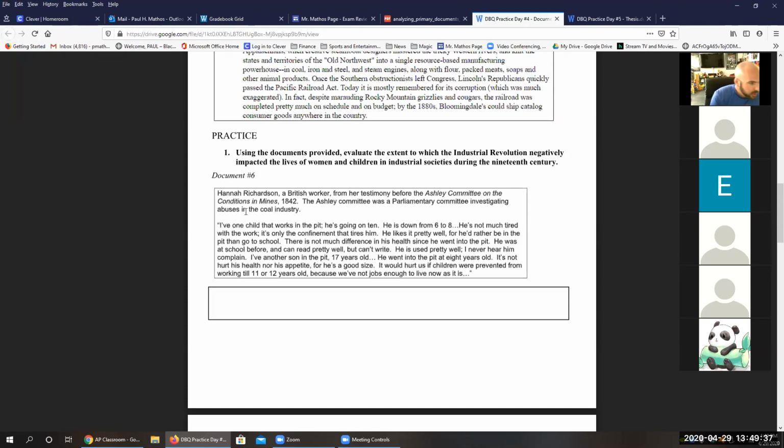All right, what would this be an example of? I'll read it one more time so you guys can hear it in full. The author of the document, Hannah Richardson, is a member of the British working class testifying about her children's work before the British Parliament. In her testimony, she appears to be putting a positive spin on the work her children are doing in the mines, being careful not to make it seem too awful.